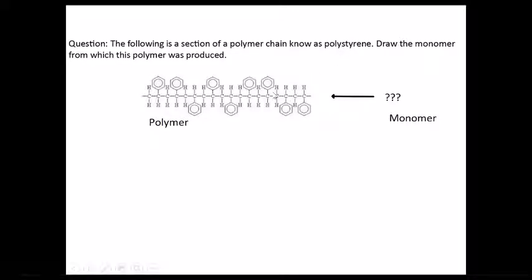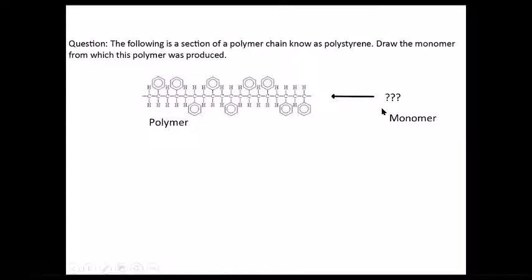Your question is to identify the monomer, the smaller unit it came from. So you're identifying the repeating monomer unit this polymer was produced from. You need to show what monomer made up that polystyrene.